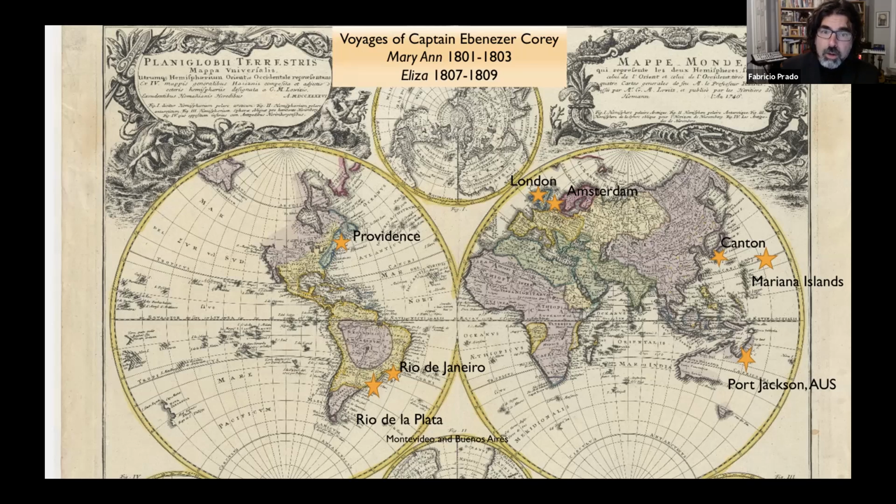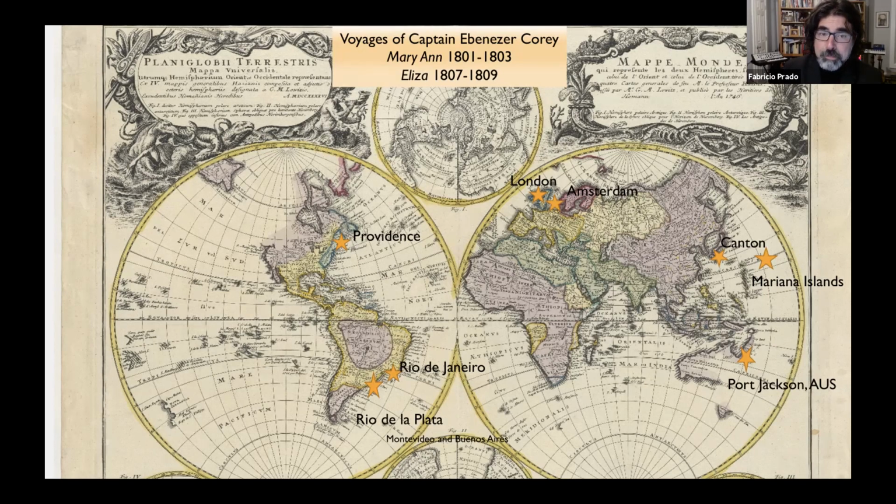Once there, Corey arrived and was invited to meet with the British general who was leading the offensive. The British had heard that Corey knew the Rio de la Plata very well due to his previous experiences there.